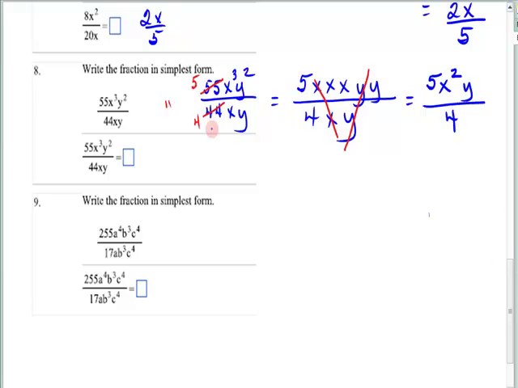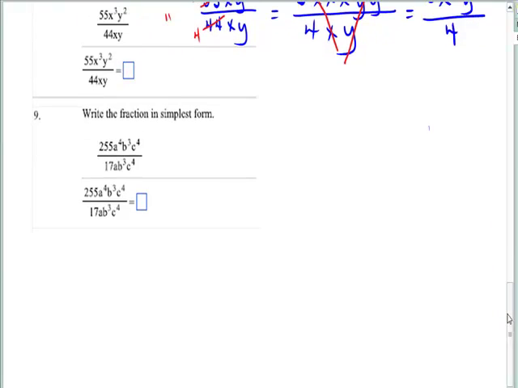You may see that you don't really need to do this physical expanding, but I am in the notes. All right, the last one. I have 255, goodness, a to the fourth, b to the third, c to the fourth, over 17a, b to the third, c to the fourth.